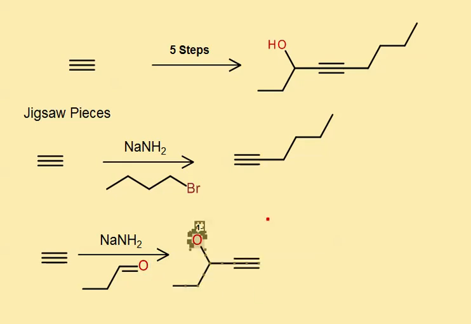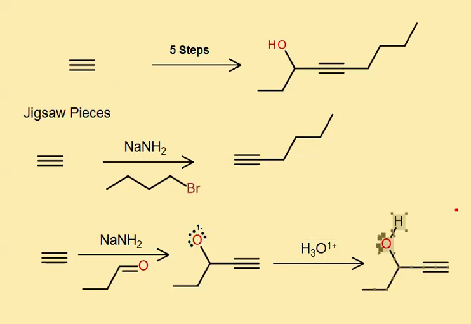So after that sodium amide attack on the acetylene, and then the acetylide ion attacking the aldehyde, we produce this alkoxide structure. And we could then add in some acidic conditions, some hydronium ions like from hydrochloric acid or sulfuric acid, and that acidic condition would protonate the alkoxide group, and we'd finish up with the alcohol.